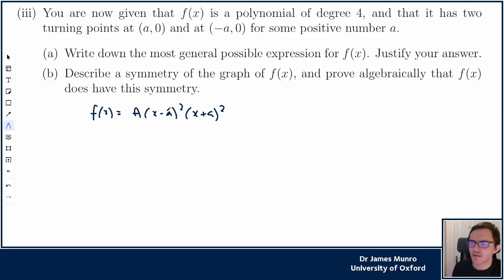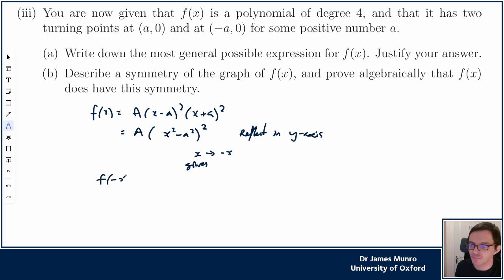Instead, what I'd like to think about is the way that this reminds me of the difference of two squares again. x squared minus a squared, all squared, and then the x squared is symmetric. You can replace the x's with minus x, so you can reflect in the y-axis. We can prove that algebraically by swapping x to minus x, which gives f of minus x equal to a times minus x squared minus a squared, all squared.